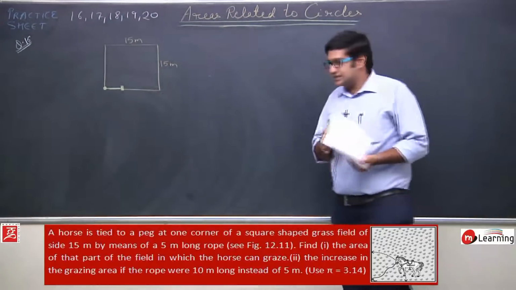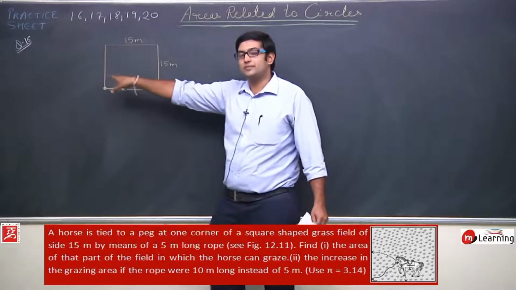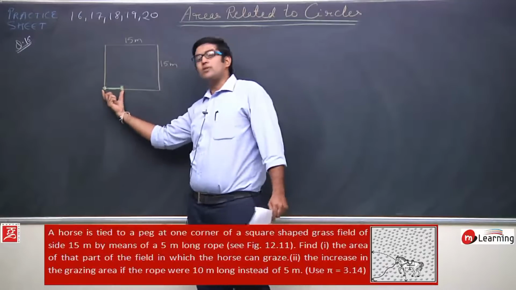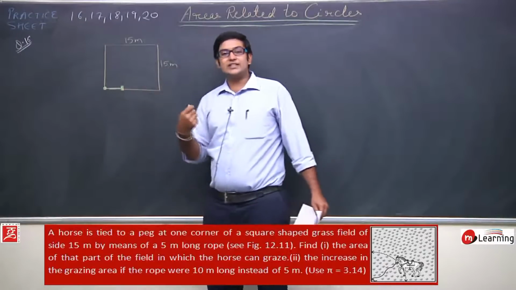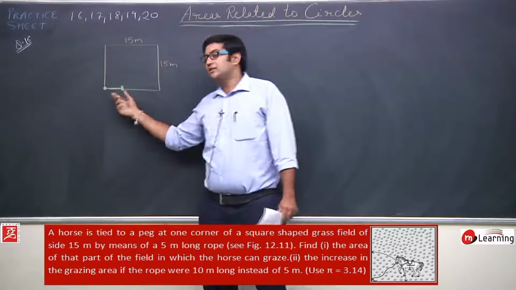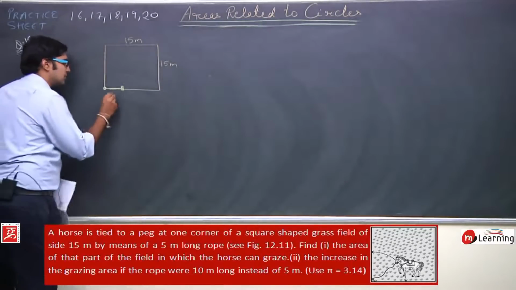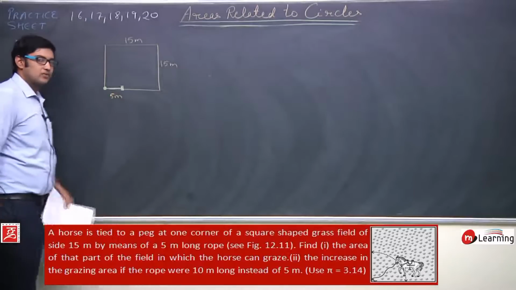This is the point at which the horse is tied, and the length of the rope on the neck of the horse is 5 meters.